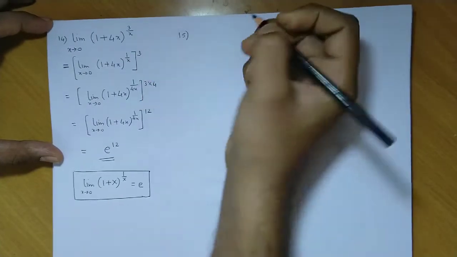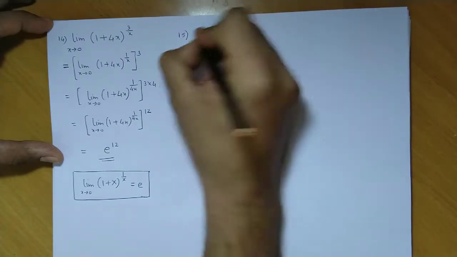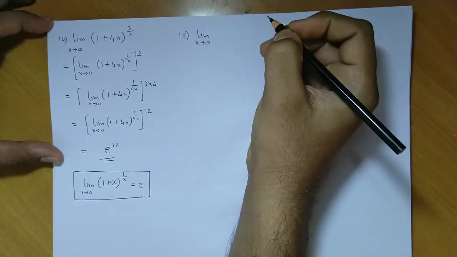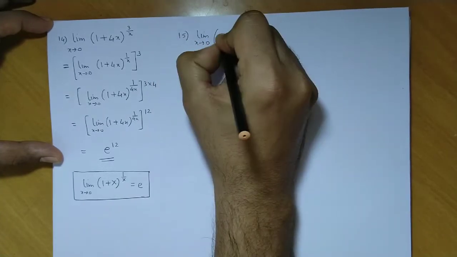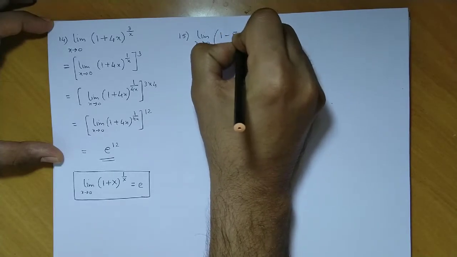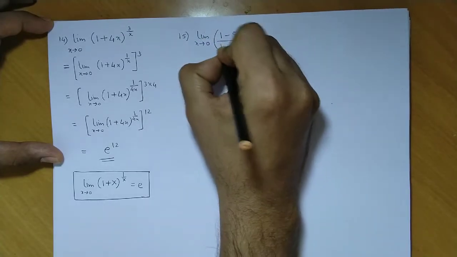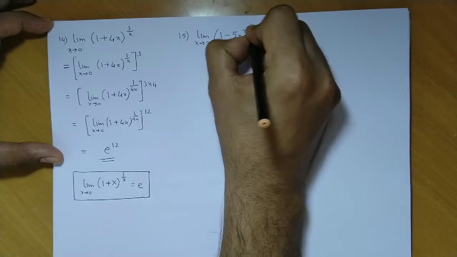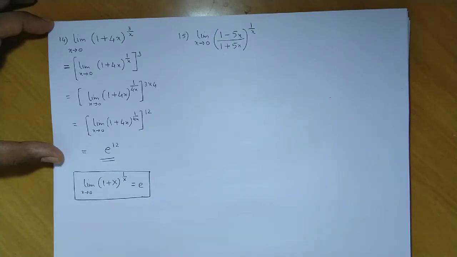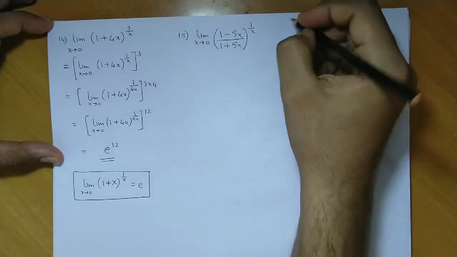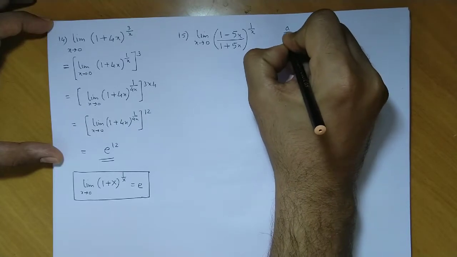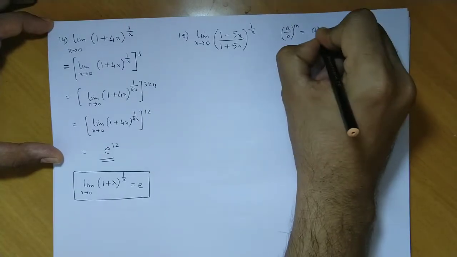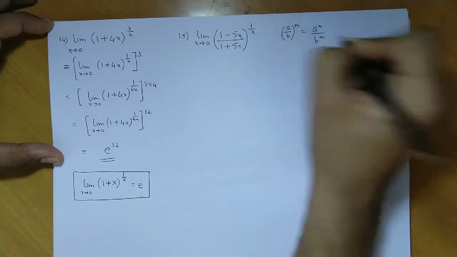Now pay careful attention here. So we need to obtain the limit as x approaches 0 of (1 minus 5x upon 1 plus 5x), the whole thing raised to 1 upon x. Now here we use the law of indices. (a upon b) raised to m is nothing but a raised to m upon b raised to m.